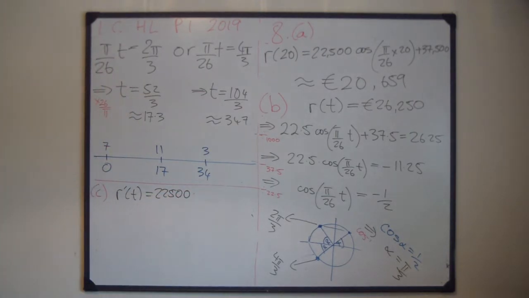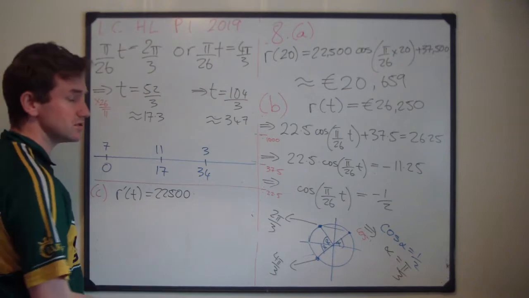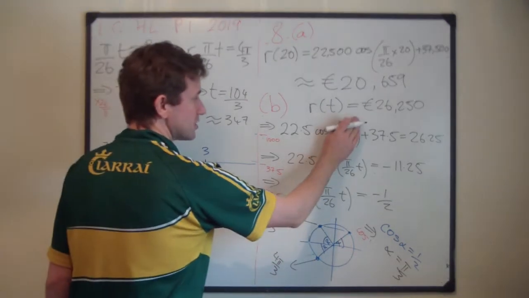Now, if it's cos of t and you're differentiating with respect to t, the derivative is minus sine t and there's no more about it. But this is not cos of t, this is cos of a function of t, so you have to do the chain rule. The chain rule says you differentiate the outside. The outside function here is cos.